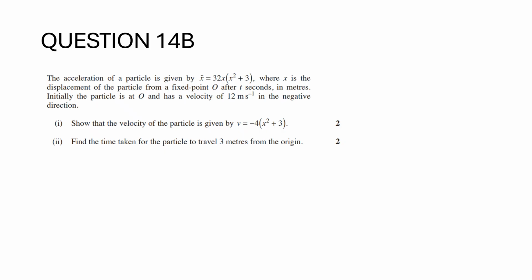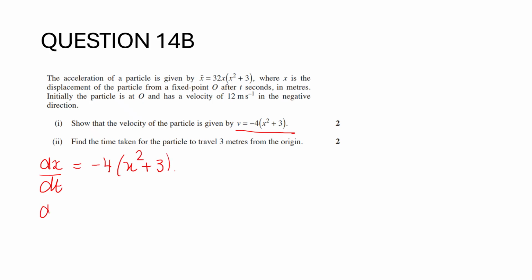Part 2, find the time taken for the particle to travel 3 meters from the origin. So we have this, and we want to introduce time, so we want dx/dt is equal to negative 4 (x squared plus 3).